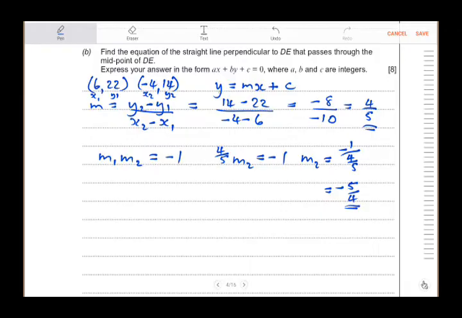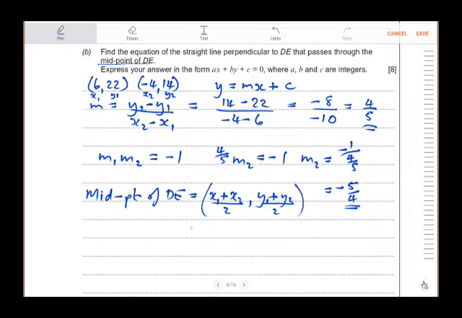Now we also need a point. Once we have m, we substitute in a point that lies on the line, and then we can work out the y-intercept. The point that lies on this line is the midpoint of DE. The midpoint is found by adding up the x coordinates and dividing by 2, and adding up the y coordinates and dividing by 2.